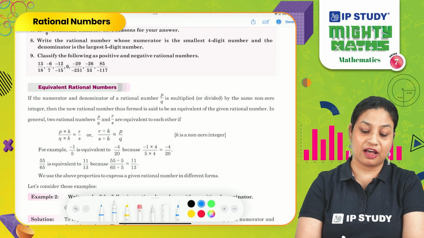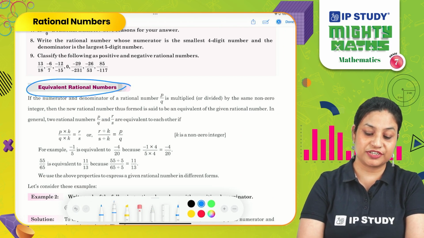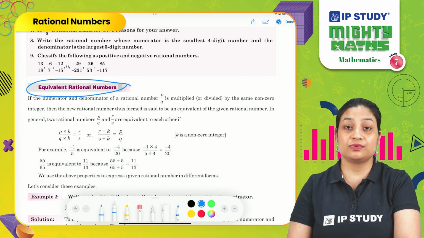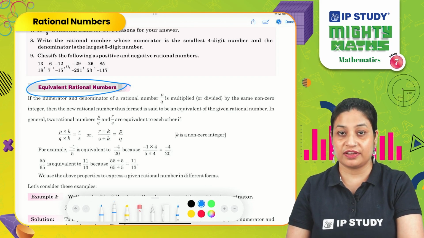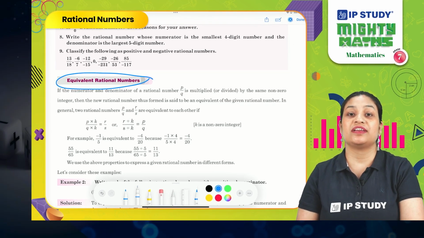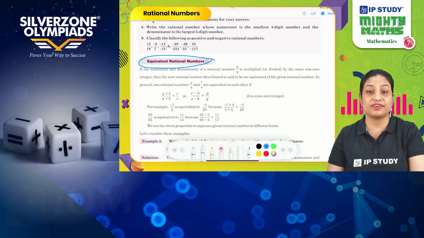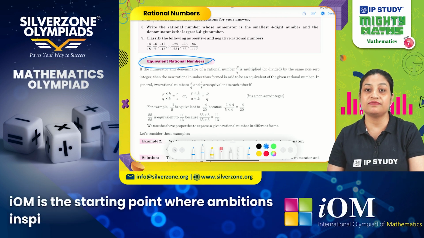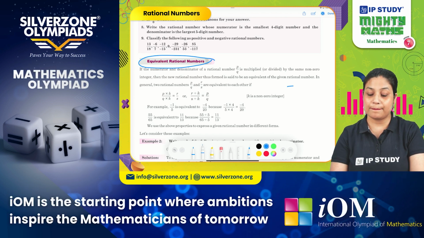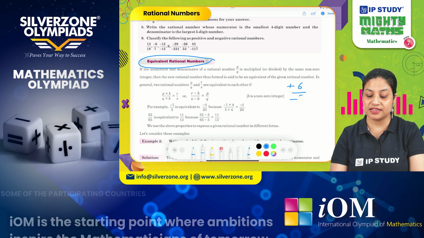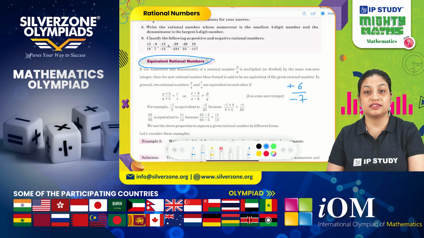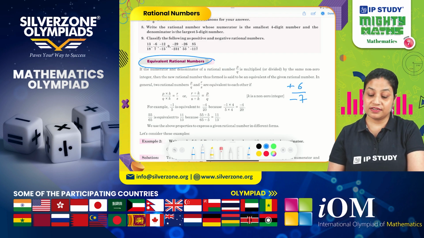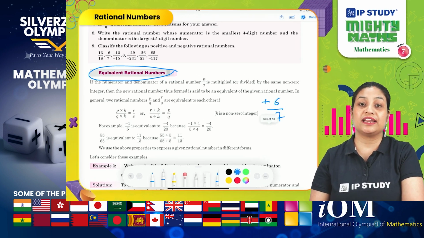Now here we have equivalent rational numbers. So dear student, before I discuss this topic, let me tell you one important thing. Whenever you have a negative rational number, let's say minus 6 by 7 or 6 by minus 7, always remember, when you are dealing with a negative rational number, the negative sign should not be in the denominator.